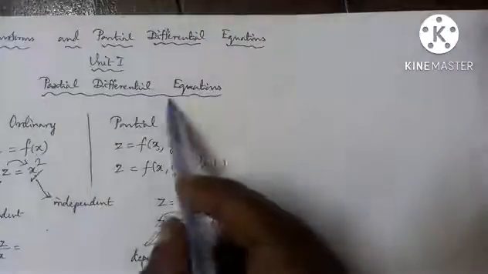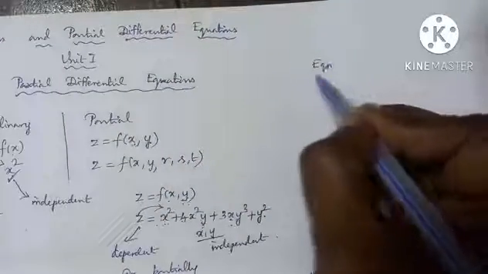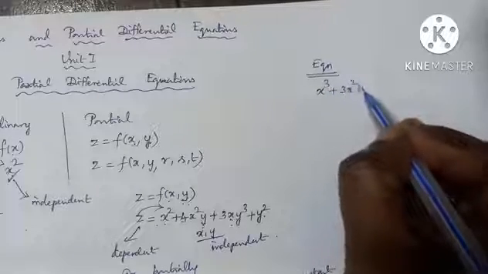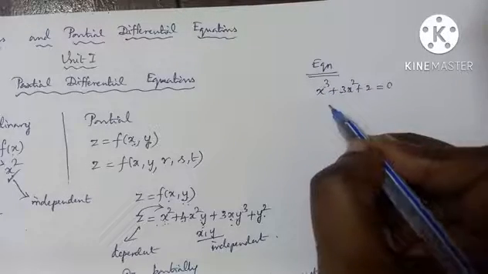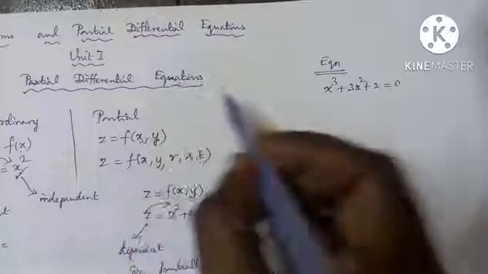And it is an equation, a partial differential equation. You know equation: any polynomial equated to 0 is an equation. Here it is a partial differential equation.